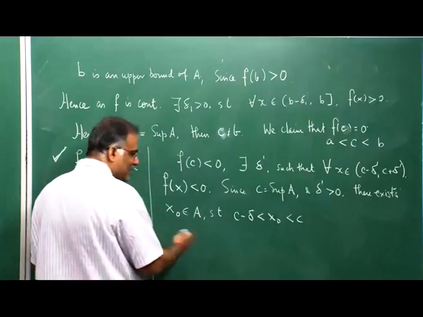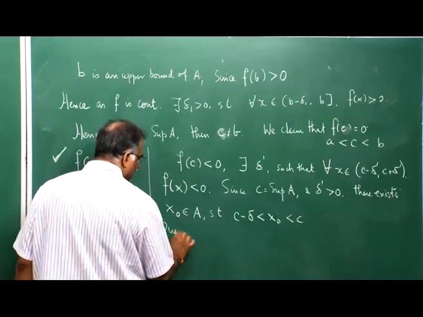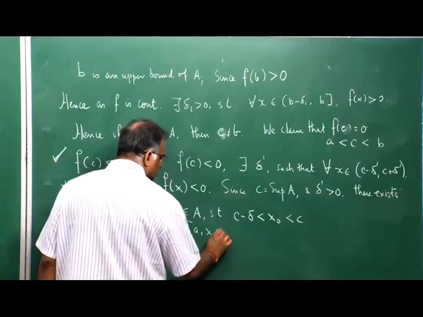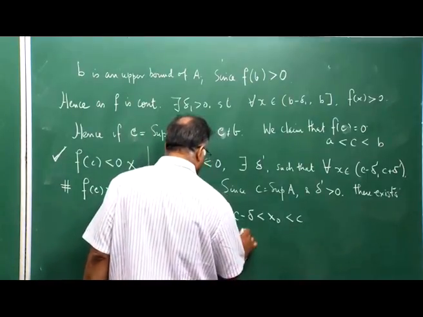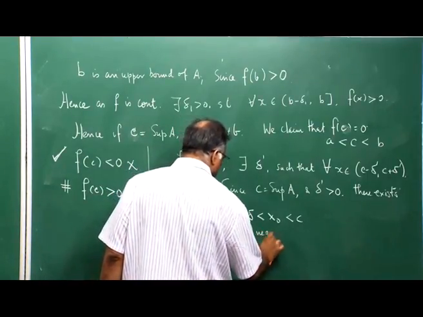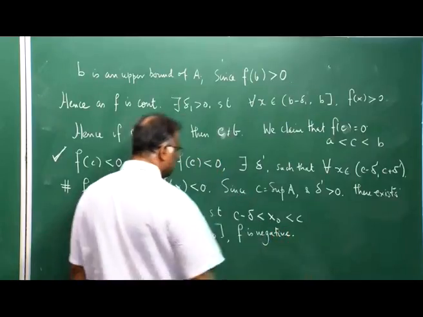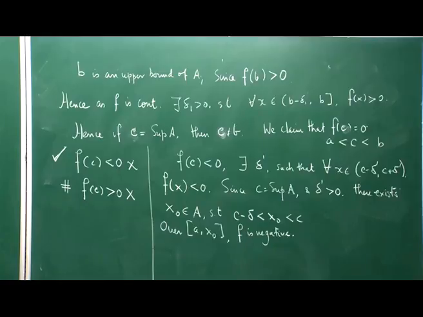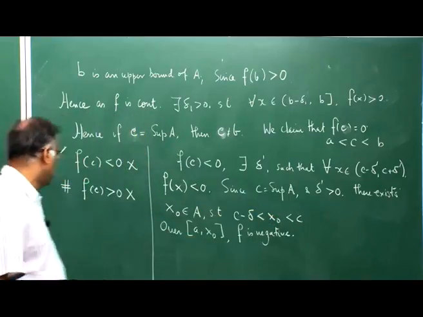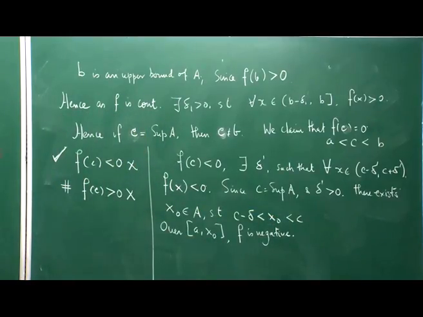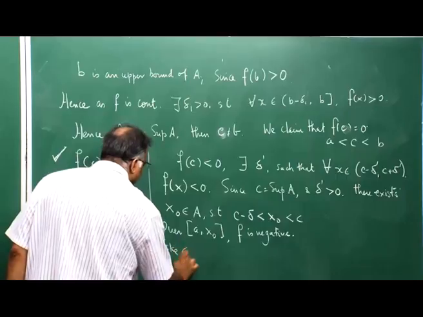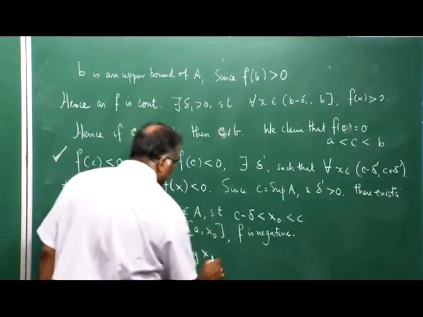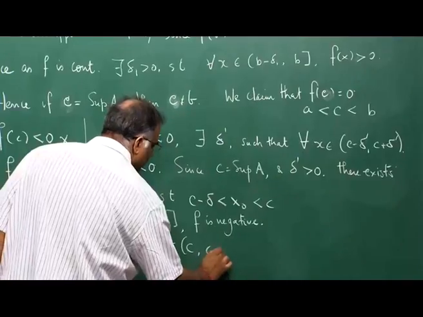Now of course over a to x naught, f is negative, because x naught is in A. Now take any x1 in c to c plus delta dash.